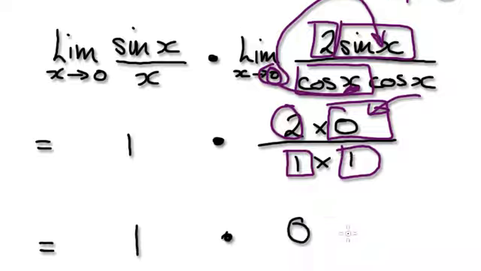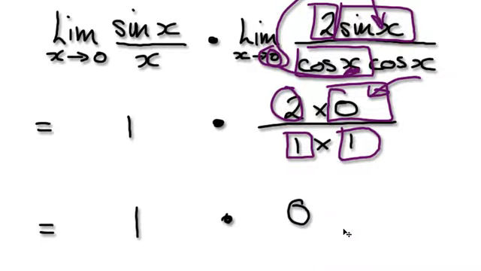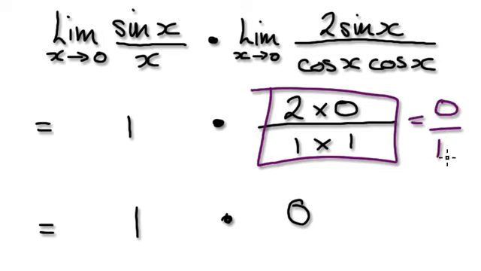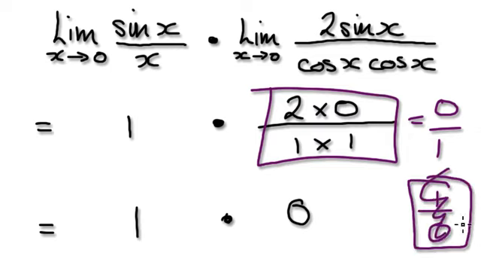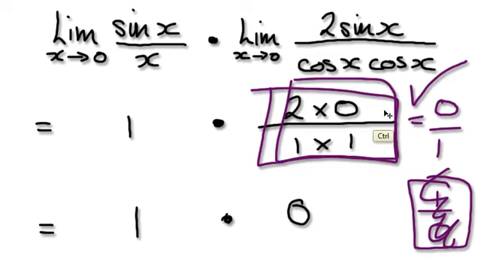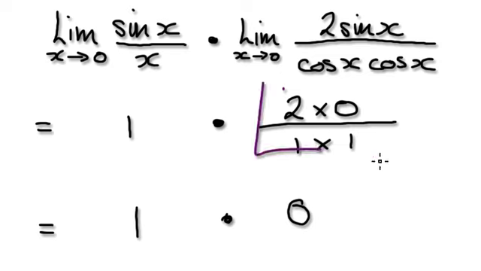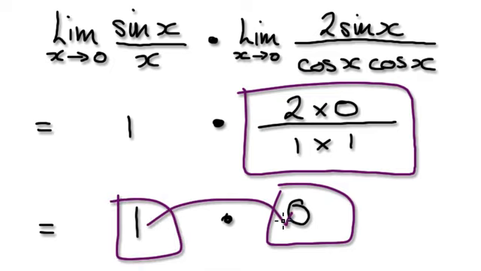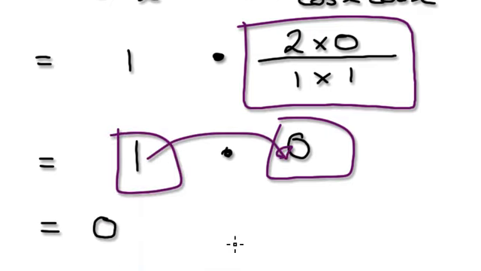You've got a situation where nothing breaks down. This is legitimate. This is really 0 over 1, which is allowed. It's only a problem if you have 1 over 0. That is a problem, whereas 0 over 1 is allowed. It's okay. Nothing breaks down here, so this thing is actually 0. So you've got 1 times 0, which is 0.